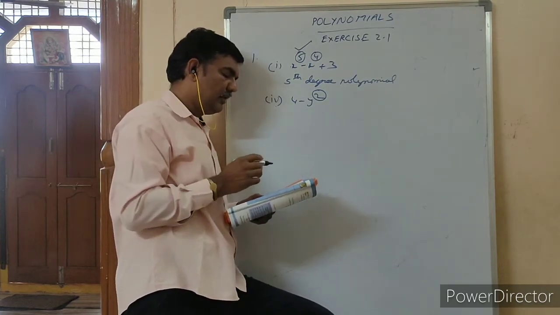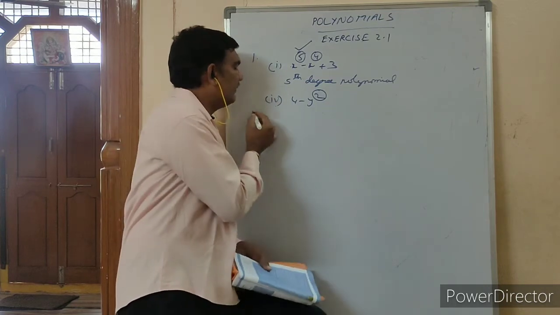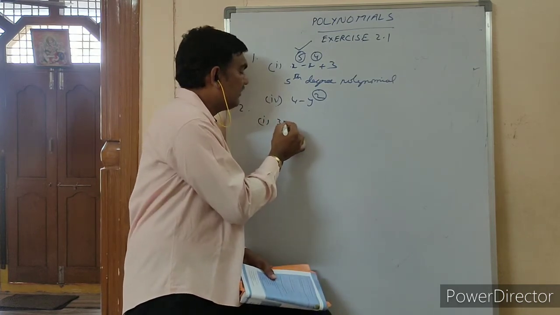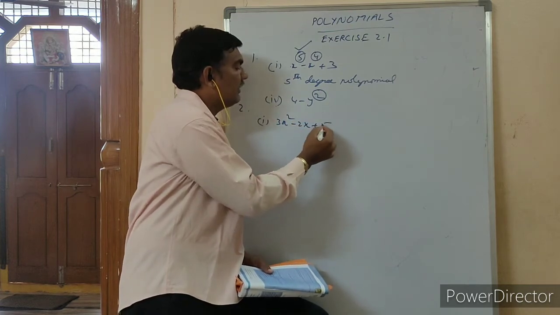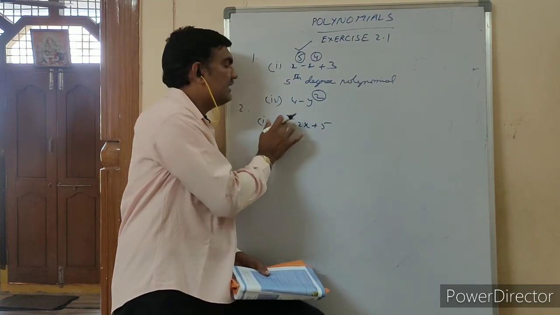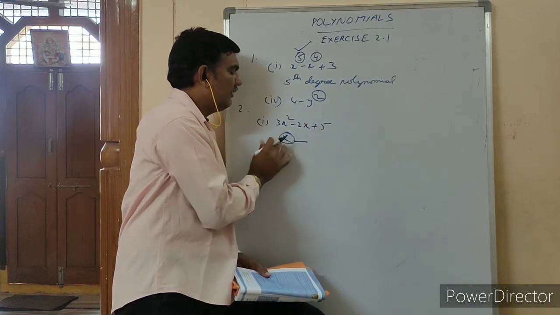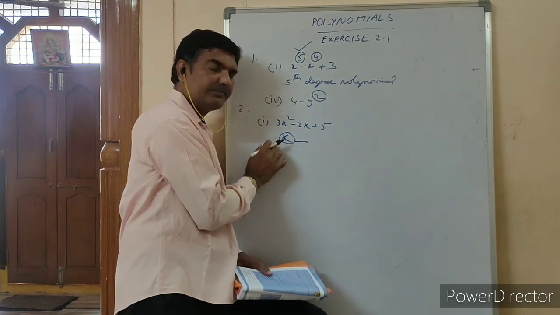So here, the first one: 3x square minus 2x plus 5. Here x square, x, but what is the variable here? x only. Variable is x. It is a one variable one.